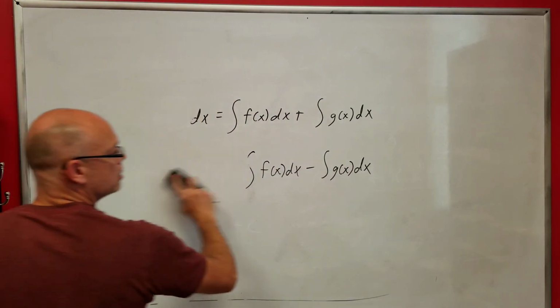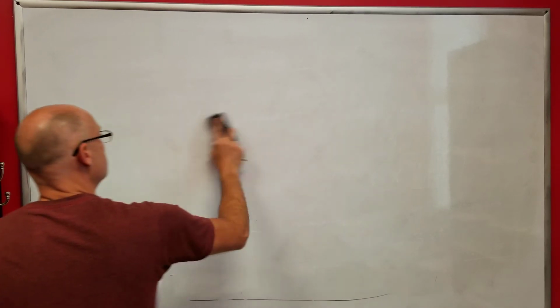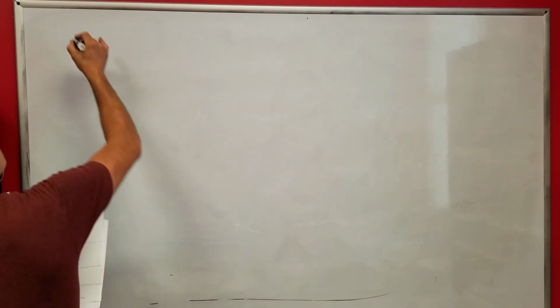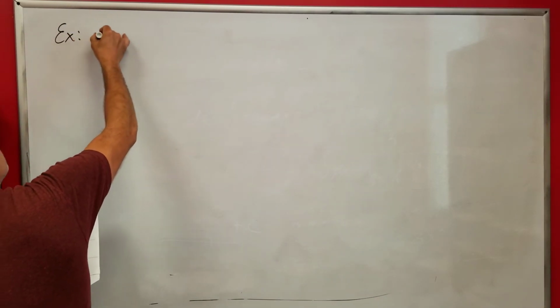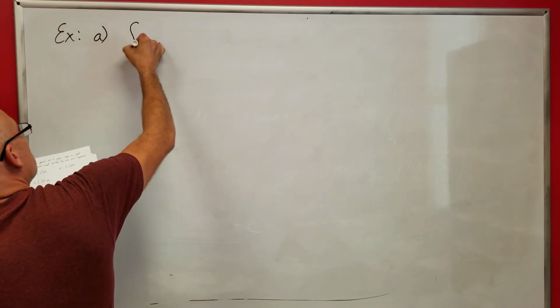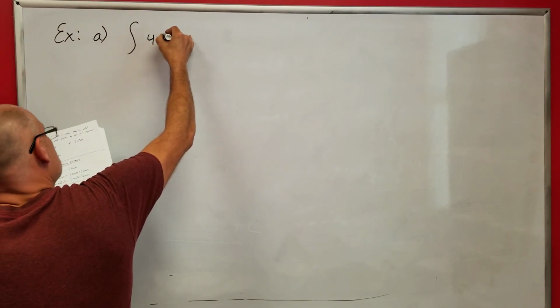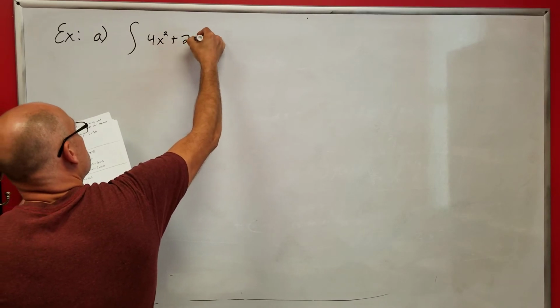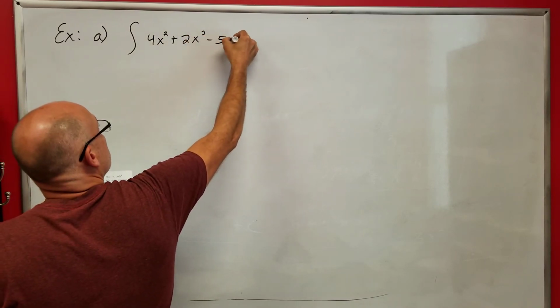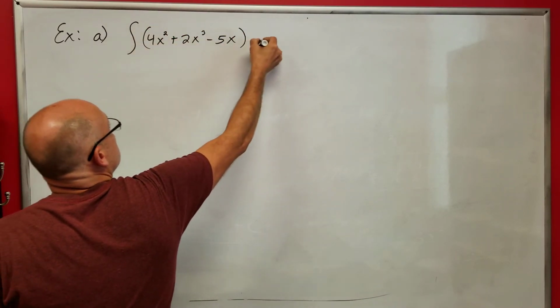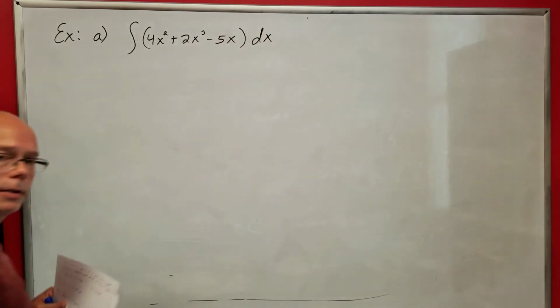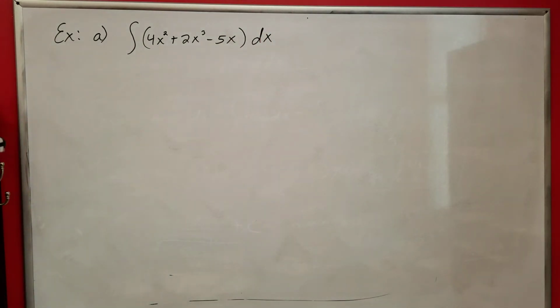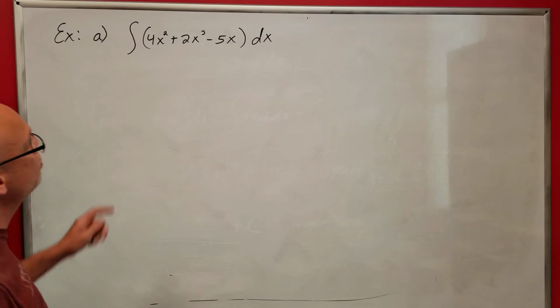All right, so let's use these properties. In our notes, we have an example, part A, and it wants us to integrate 4x squared plus 2x cubed minus 5x dx. Look at what I have.